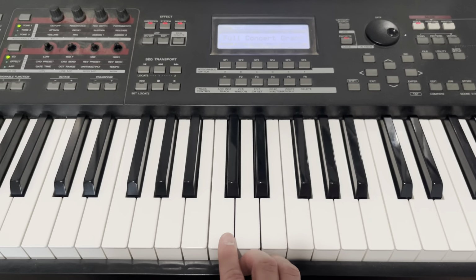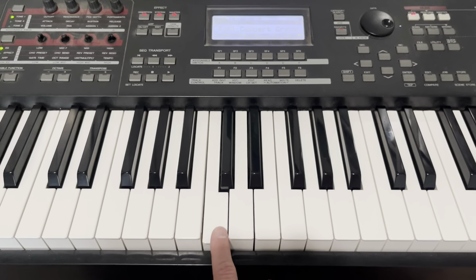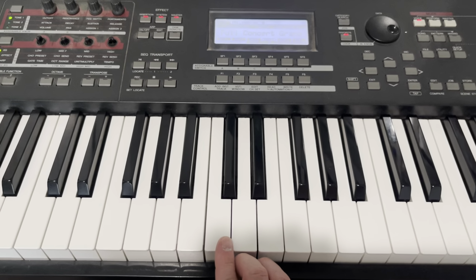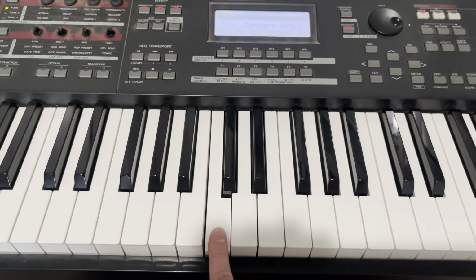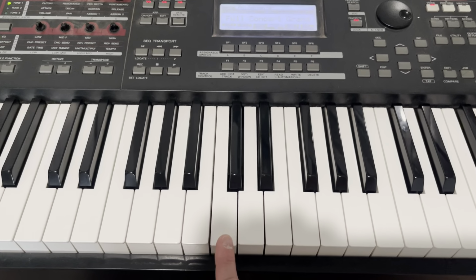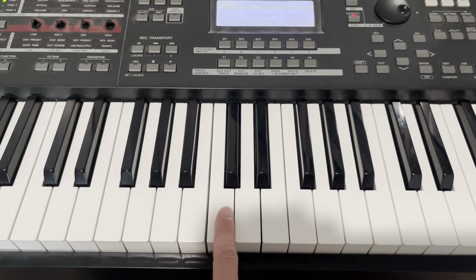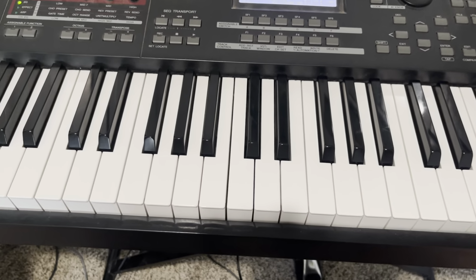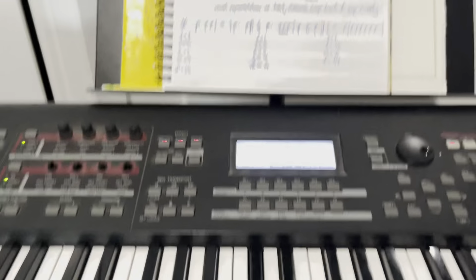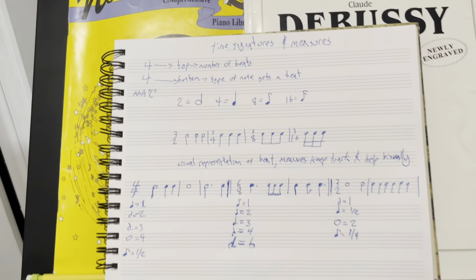You could think of these as insanely fast whole notes. 1, 2, 3, 4, 1, 2, 3, 4. Or you could think about them as quarter notes. 1, 2, 3. You could think about them as 16th notes. 1, e, and. So just to point that out, it's really the ratio in how it presents itself on the page.